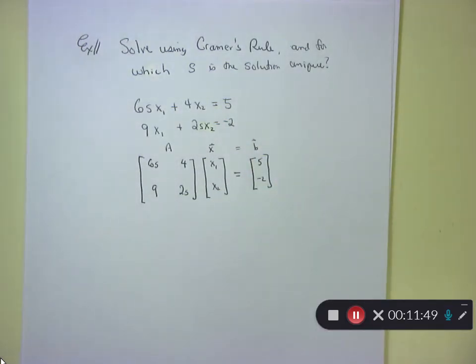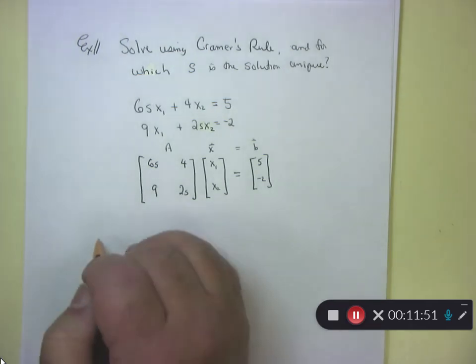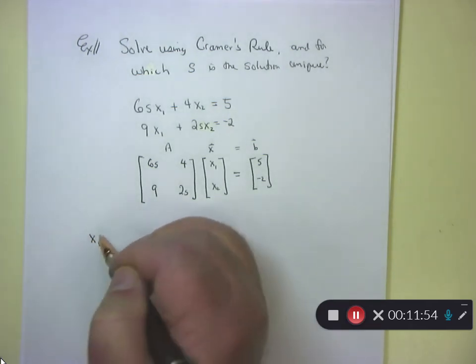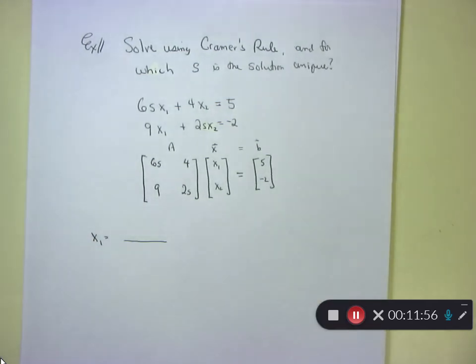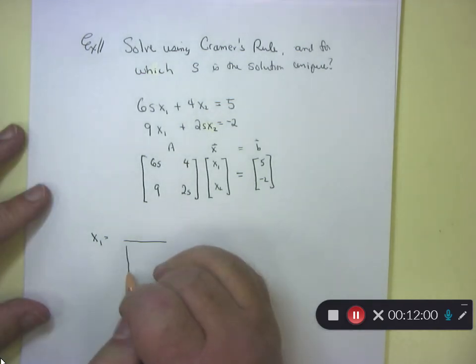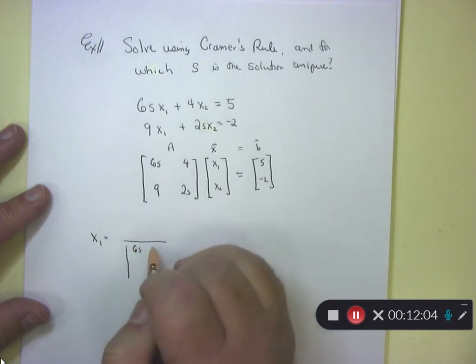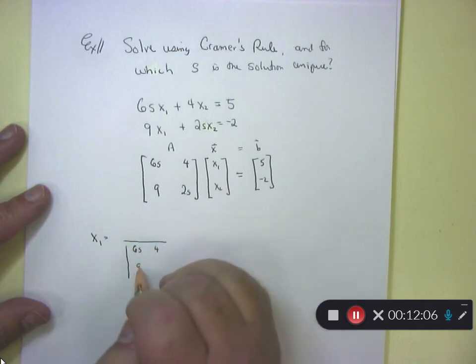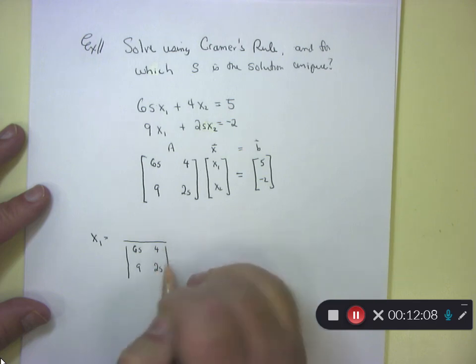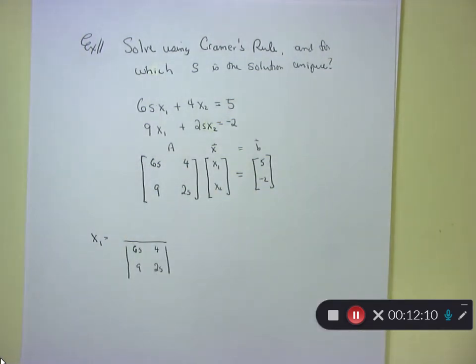Right? So, here we go. What would x1 be equal to? Well, it is a quotient of determinant over determinant. The denominator determinant is always the determinant of the actual coefficient matrix A: 6s, 4, 9, 2s.